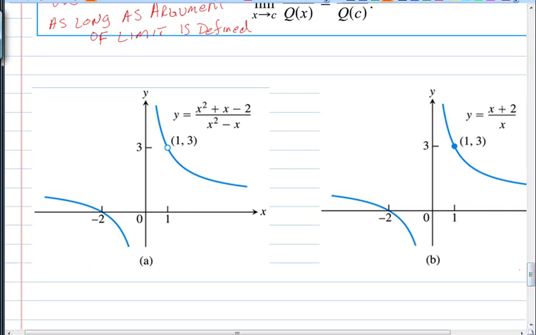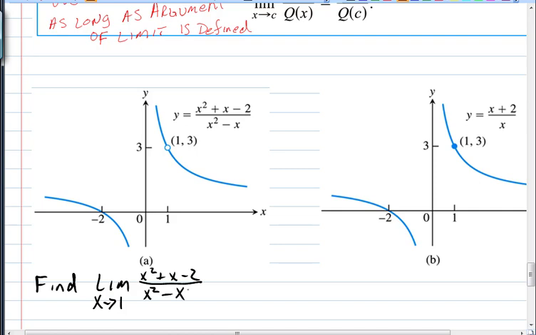So, for example, suppose we have this problem right here, and we're asked to find the limit. I didn't write down the problem, so I apologize. Find the limit as x approaches 1 of x squared plus x minus 2 over x squared minus x.